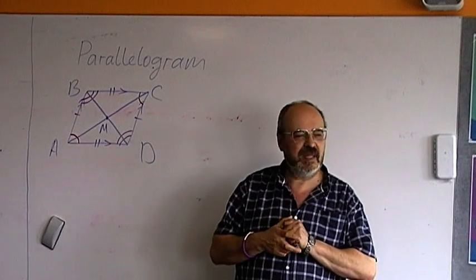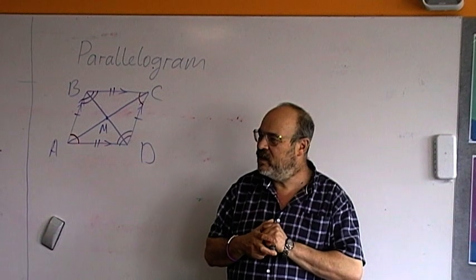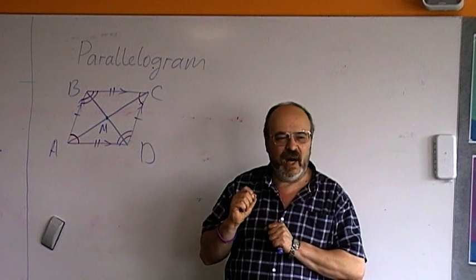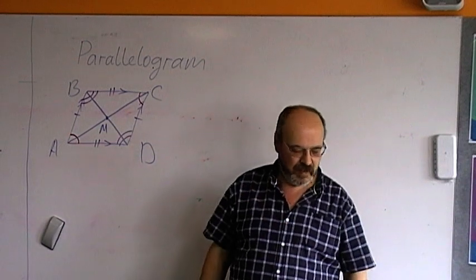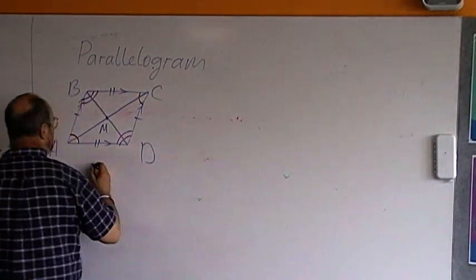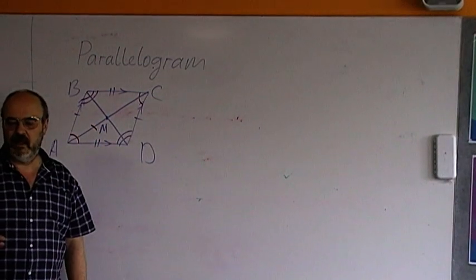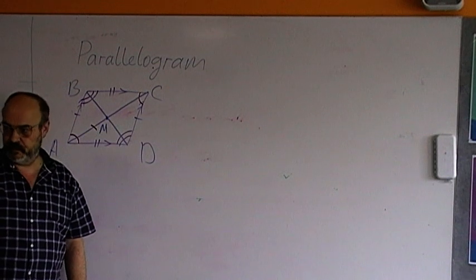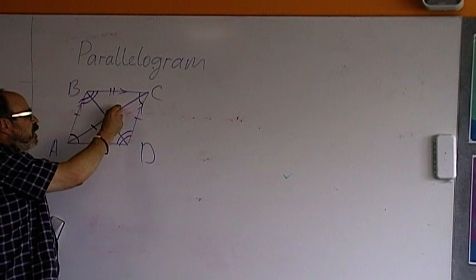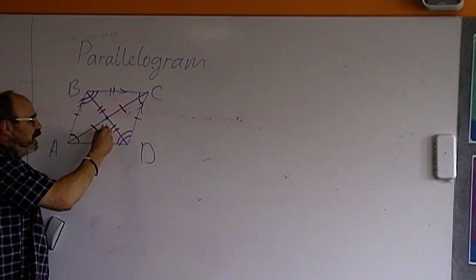What does bisect mean? Like they cross. Not just cross. It divides in two equal parts. So each diagonal is divided in half. So AM equals MC and BM equals MD.